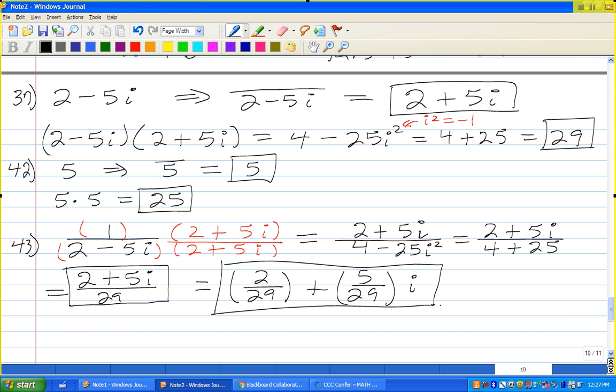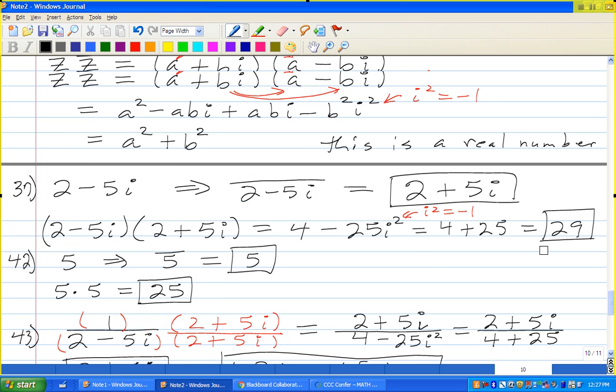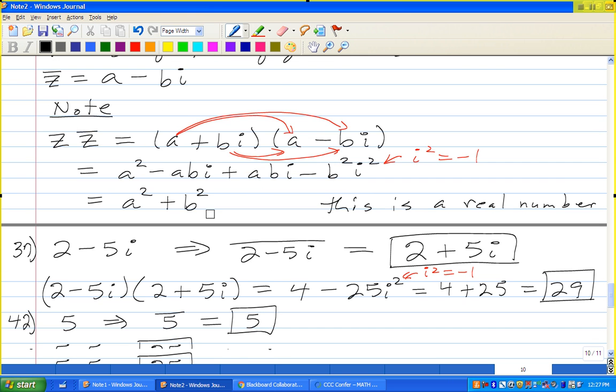And now note that this explains another one of our weird sort of formulas I gave above. Notice that I'm taking the reciprocal, the multiplicative inverse of the complex number 2 minus 5i, and the answer was the real part over, well, notice this is the square of the real part plus the square of the imaginary part. So a over a squared plus b squared.